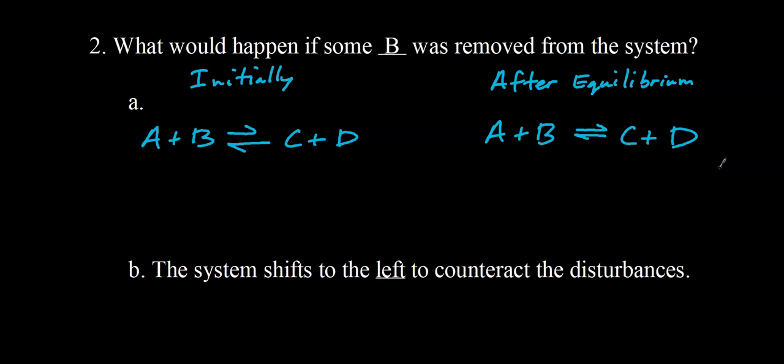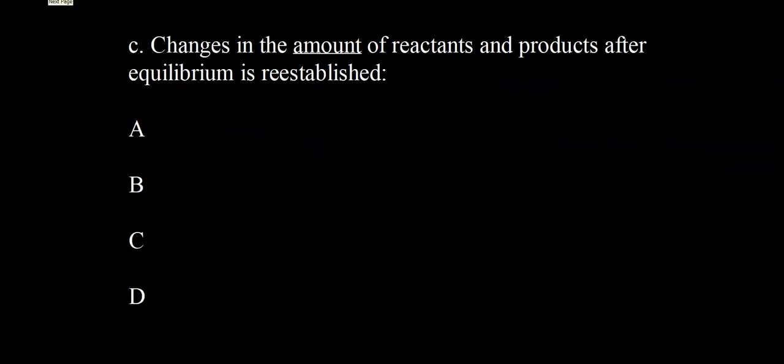So what happens to the amounts of each of the substances? How do they compare once equilibrium is reestablished to what it was before the stress? So notice that A is being produced faster in the faster reverse reaction than is being used up in the forward reaction. So the amount of A increases.